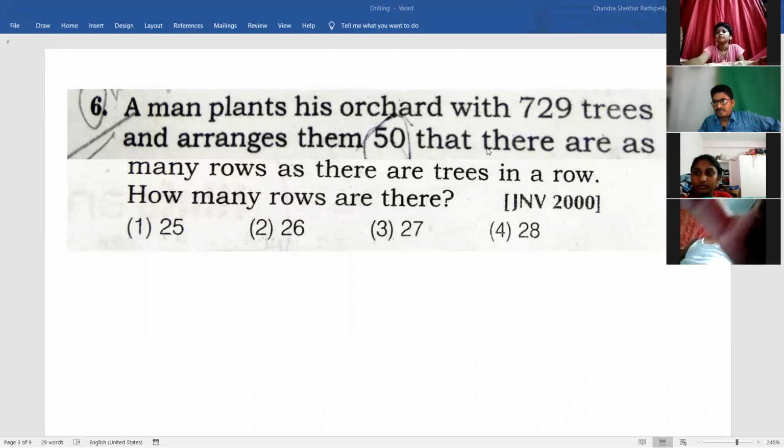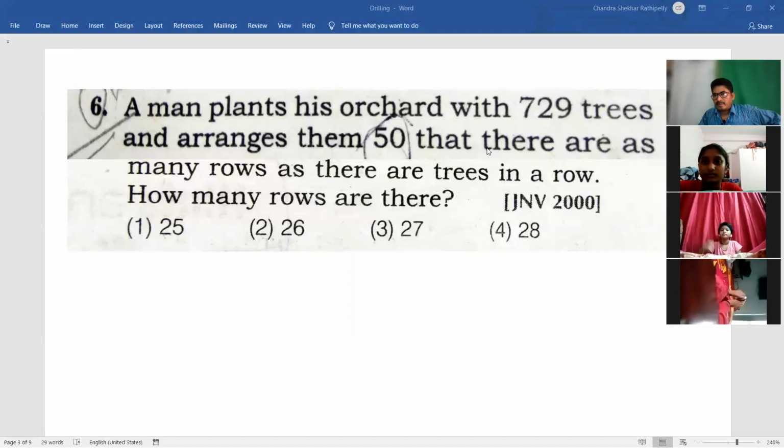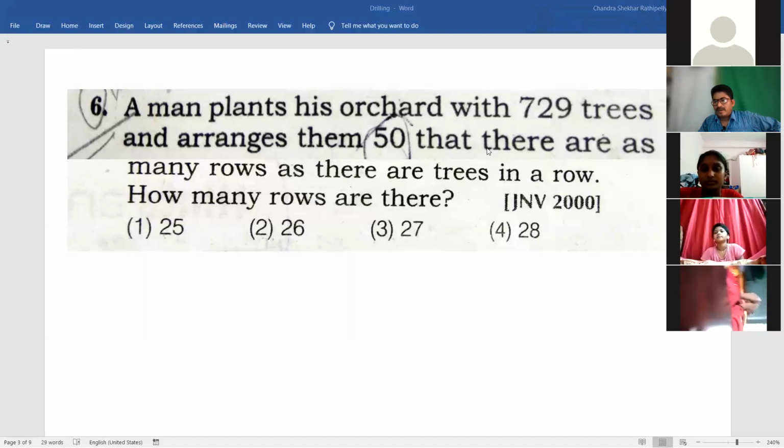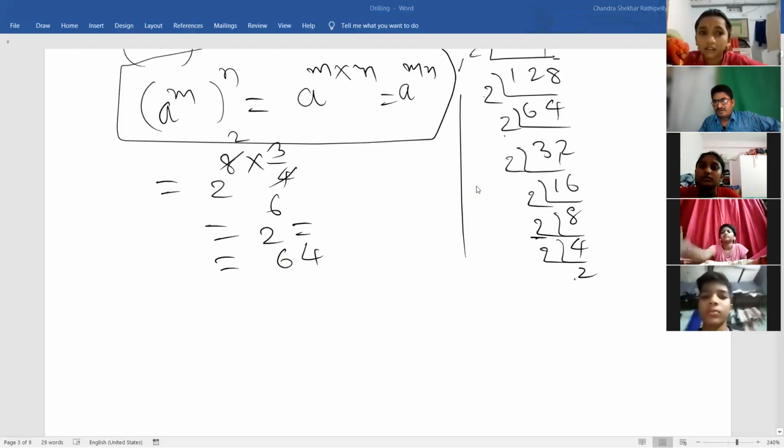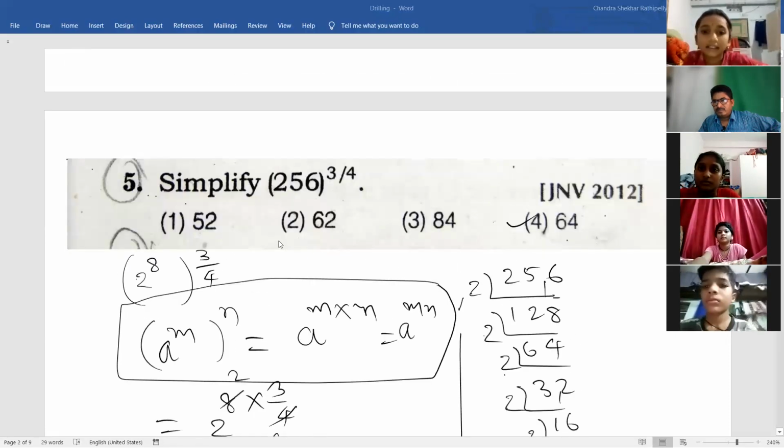Amsini, what's your doubt? Sir, in the 15th question, you did factorization with 2, na, sir. Which previous one? This? Yes, sir.